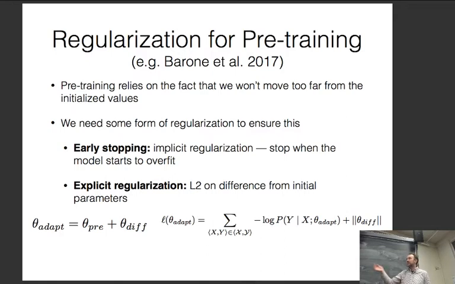And this will prevent us from getting too far away. And of course, we need a constant here. Sorry, I forgot the constant in the equation. So this would actually be extremely strong regularization that you would never want to apply to your model. But if you add a constant and adjust it, you can keep things in the right part of the space.